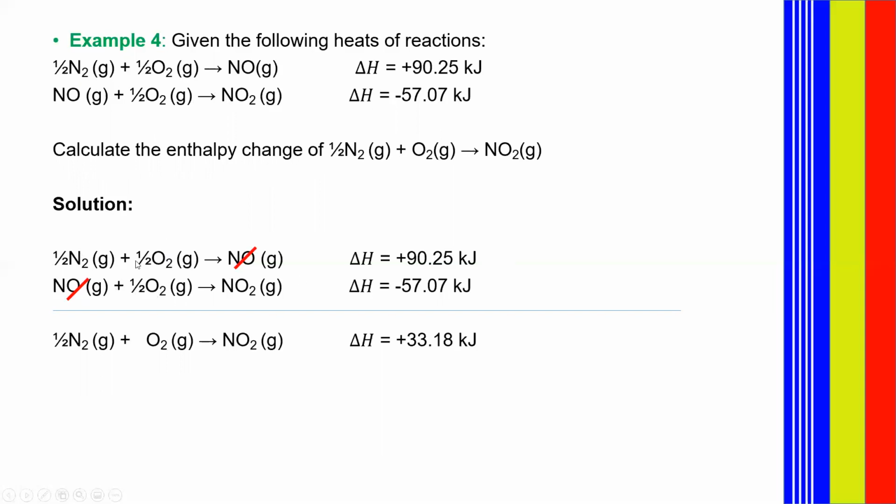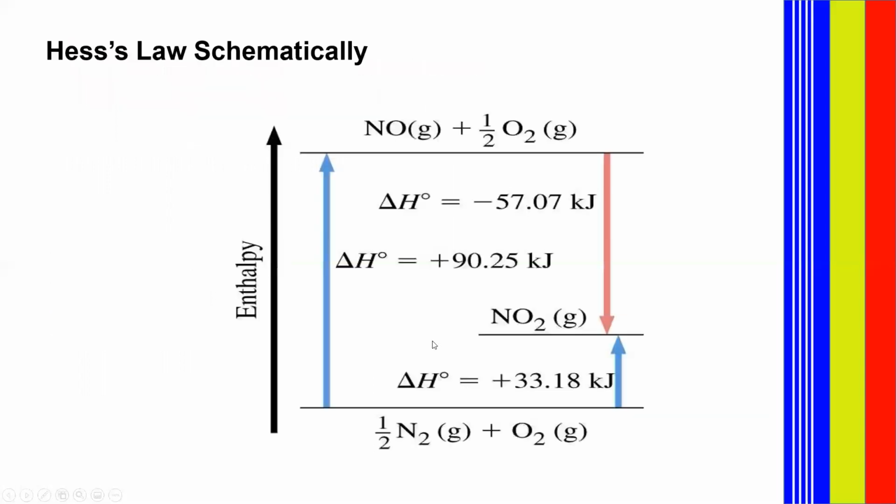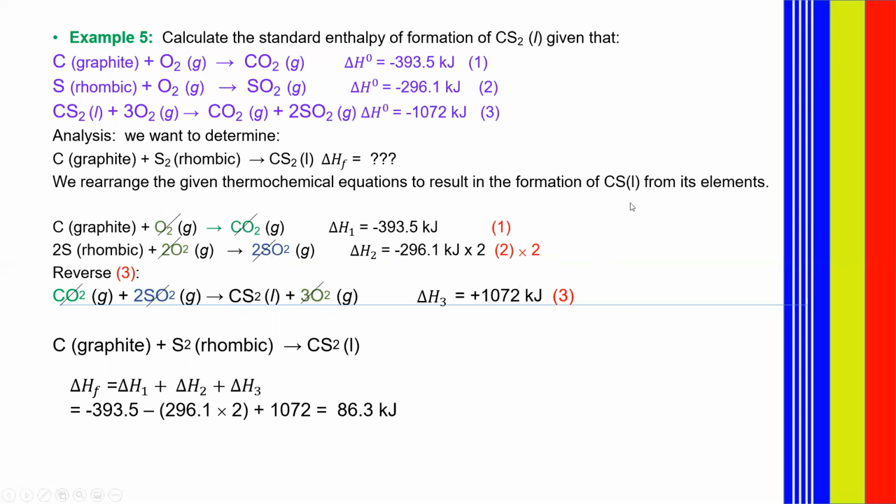Adding that together, this cancels out, and what you have is only N2 plus oxygen that gives you the NO2, which is the product. And so this minus this, actually plus this, but because this is a negative sign, the delta H is 33. Right, so you can also represent this as an energy diagram.